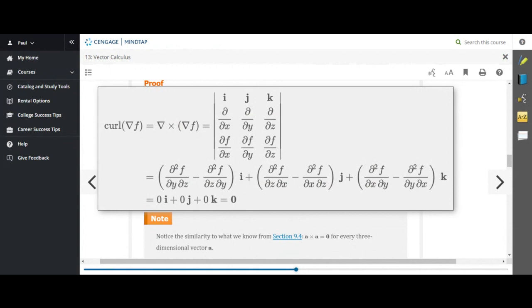Let me just move this over a little bit. There we go. That's Clairaut's theorem, right? How many remember Clairaut's theorem and how those mixed partials that you see there equal each other? How many remember Clairaut's back from, I believe, section 11.3?